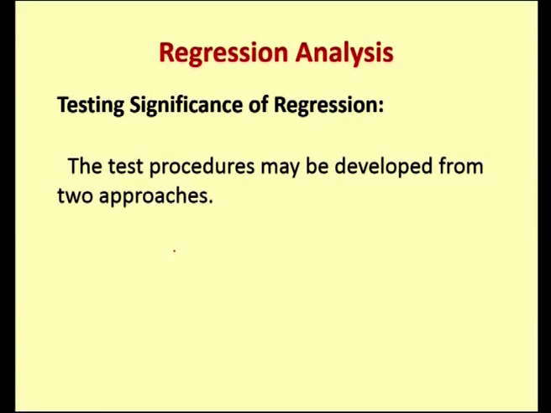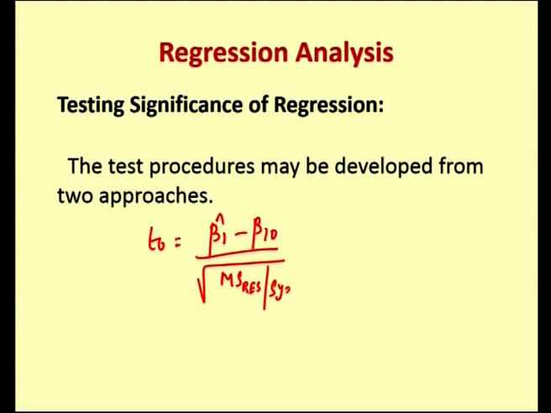In the first approach, we may use t naught is equal to beta 1 cap minus beta 1 0 divided by the square root of the mean square error due to residuals by Sxx, where beta 1 0 is equal to 0.